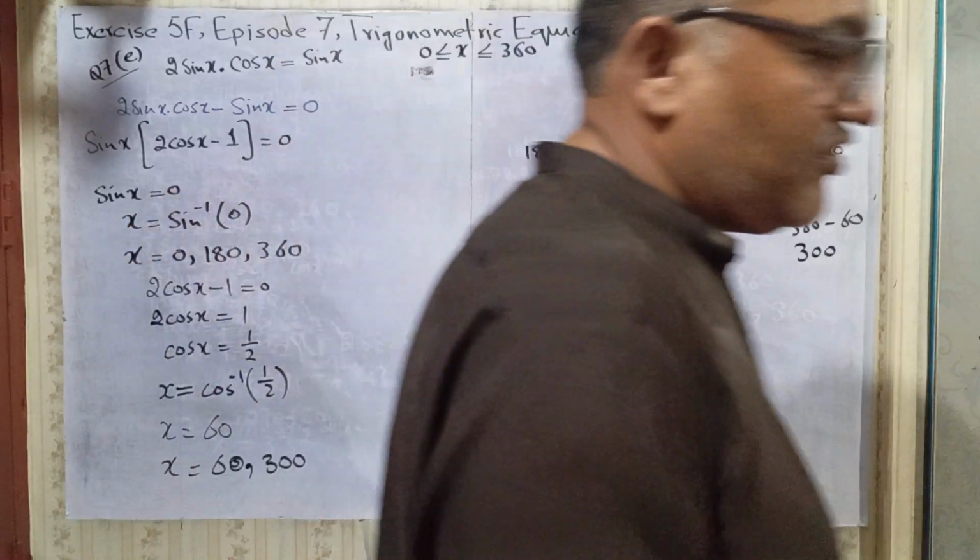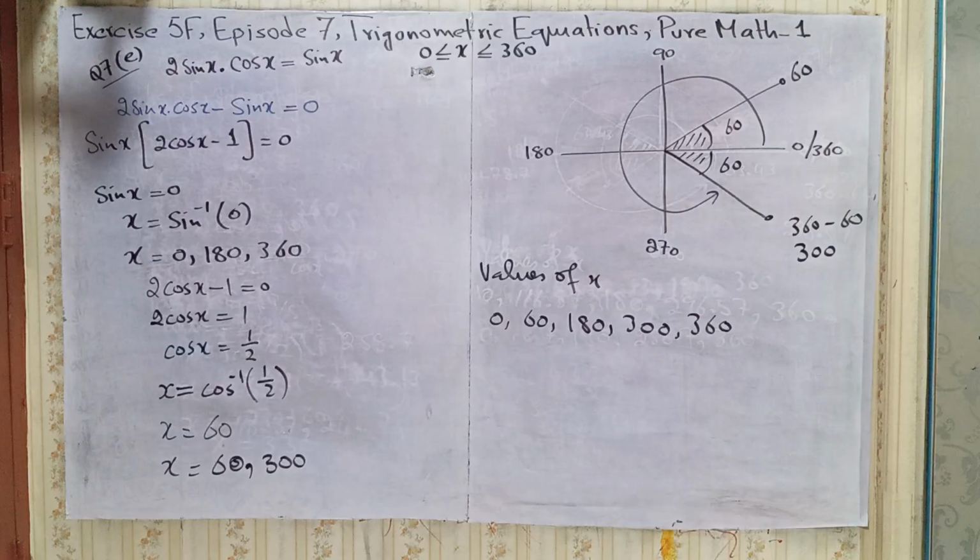These are the values which will satisfy this equation. So let me check, sir. Question number 7, E part: 0, 60, 180, 300, 360. So our answers are right. So my dear students, this is how you will do question number 7 and its E part. I hope you understand this.